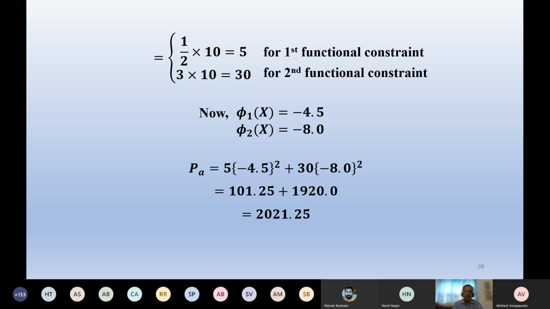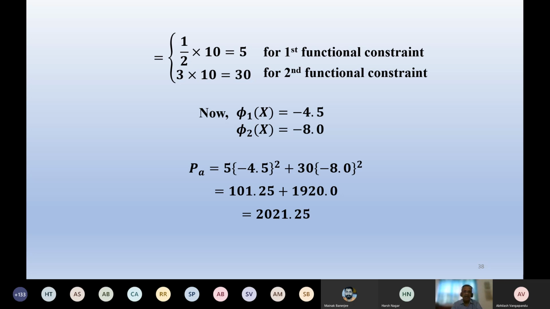Using that, you can find out the penalty term according to the adaptive penalty. This lambda is 5, so I am using 5 here, multiplied by minus 4.5 square, plus lambda t plus 1 for the second functional constraint, which is 30, multiplied by minus 8.0 square.